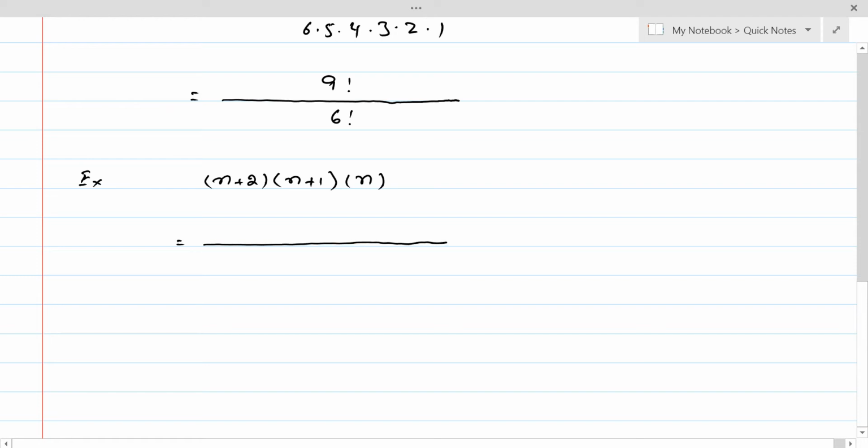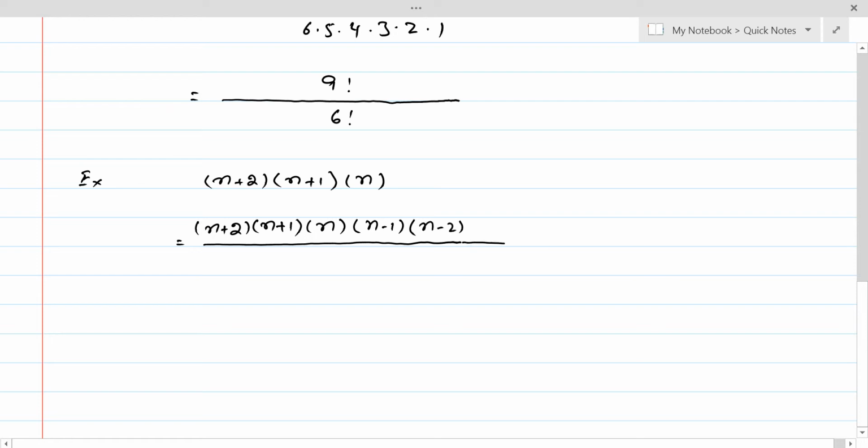So here if we write this, let's draw the line and then write n plus 2 times n plus 1, that's 1 less than n plus 2. What is 1 less than n plus 1? That is n. And what would be the next number? 1 less than n would be n minus 1. And what would be 1 less than n minus 1? That would be n minus 2.